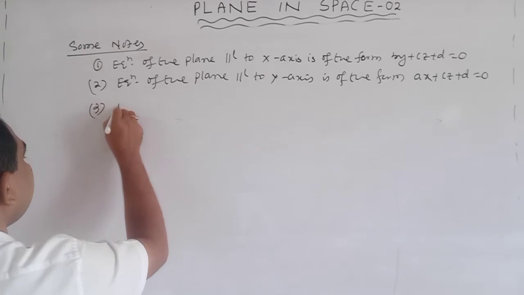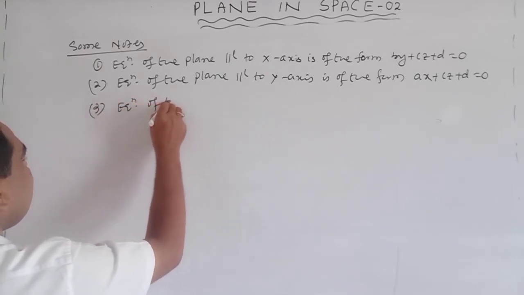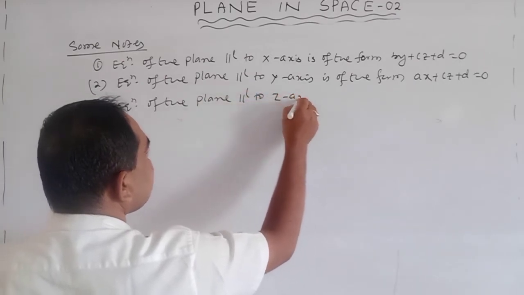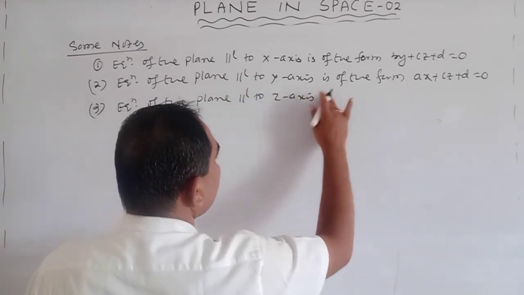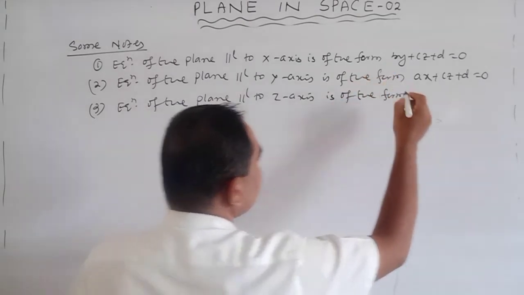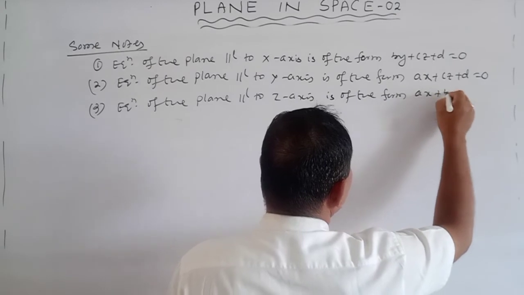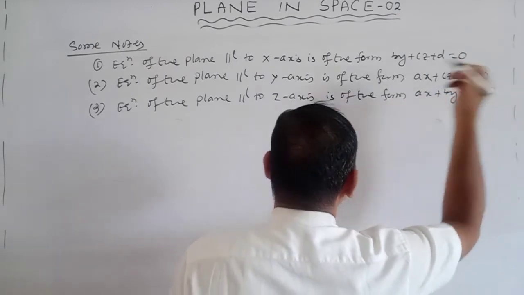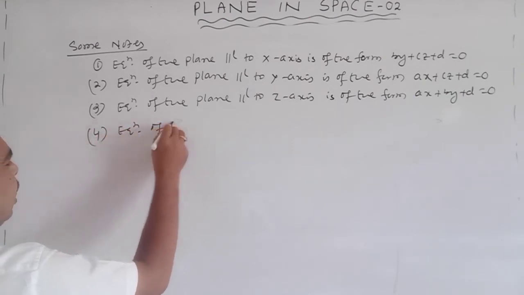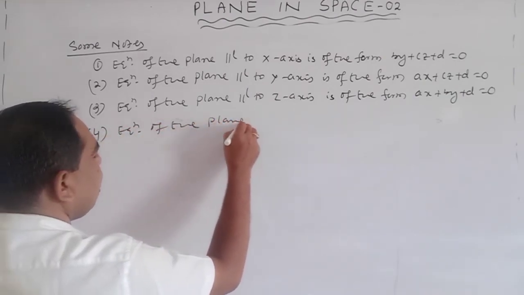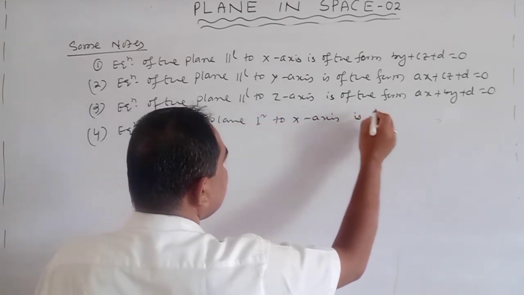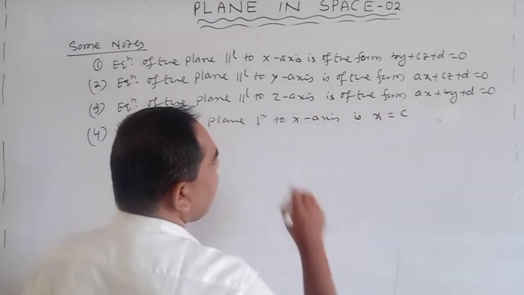Three: the equation of the plane parallel to z axis is of the form, without z, ax plus by plus d is equal to 0. Four: the equation of the plane perpendicular to x axis is x is equal to constant.